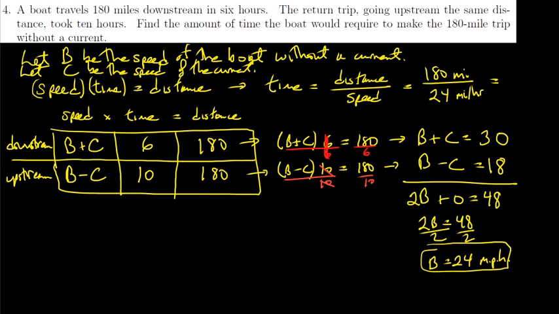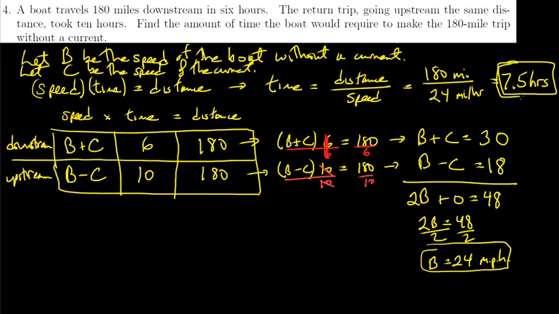Oh, I'm sorry. That's in hours, 7.5 hours. There we go. Okay, so that's the amount of time it would take for the boat to go 180 miles if there was no current.